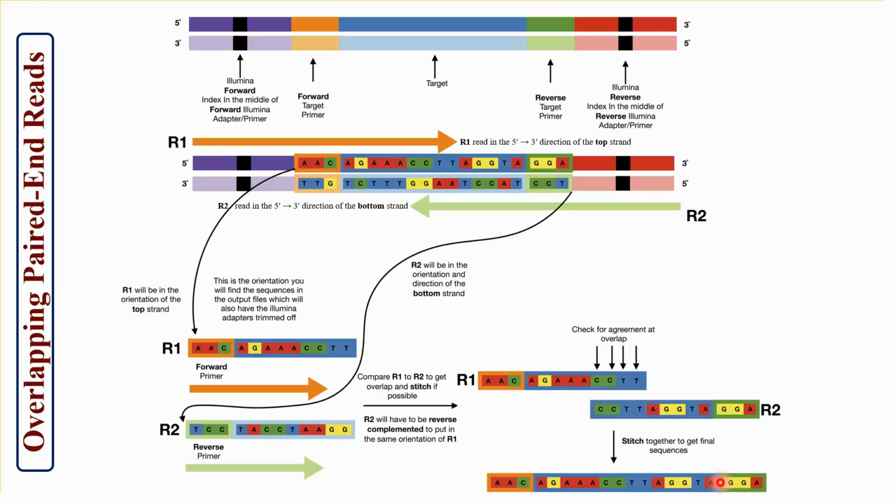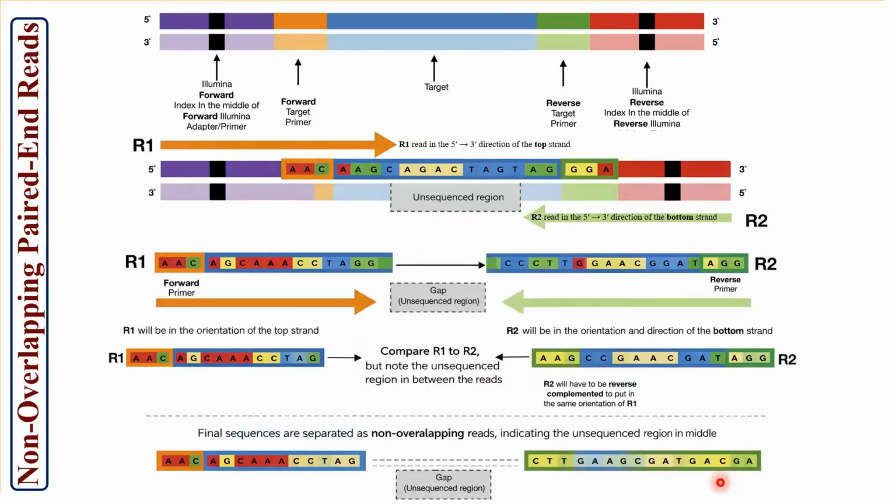Now let's look at a slightly different scenario. What if the DNA fragment is longer and the two reads don't overlap? In this case, read 1 and read 2 are still generated from the opposite ends of the same fragment. Read 1 reads from the forward primer in the 5' to 3' direction on the top strand, and read 2 reads from the reverse primer in the 5' to 3' direction on the bottom strand.